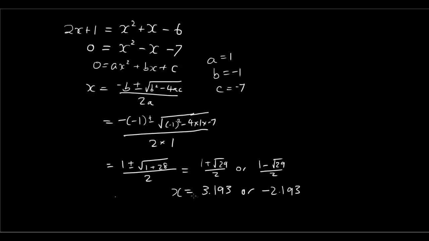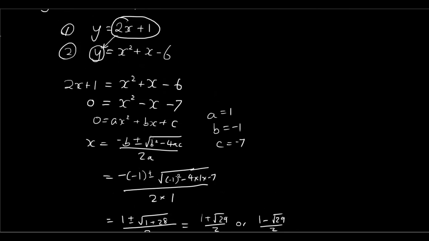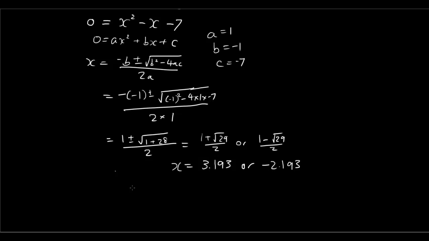And these are only the x values of where the lines will intersect, and we also need to find the y values. So the y values we're just going to find using the second equation, y equals 2x plus 1. Let's substitute in the first number, which is x equals 3.193.